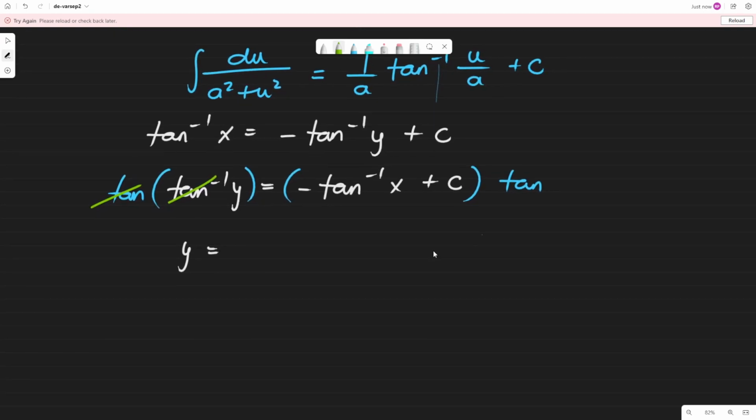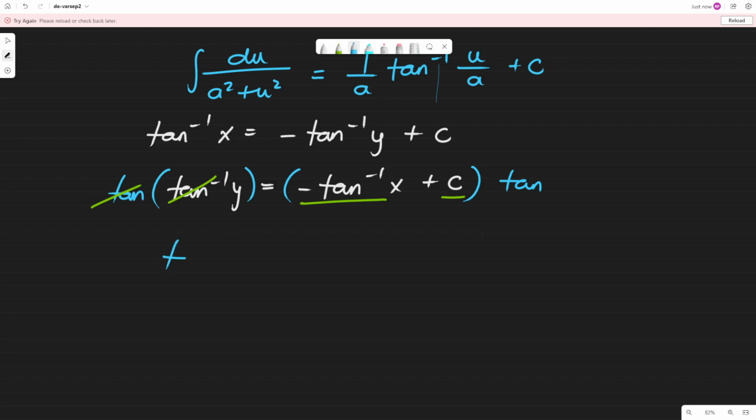We can represent these two as two angles. Angle A is negative arctangent of x, and angle B is c. So we can use the formula. It is in the trigonometric formulas, sum of two angles.